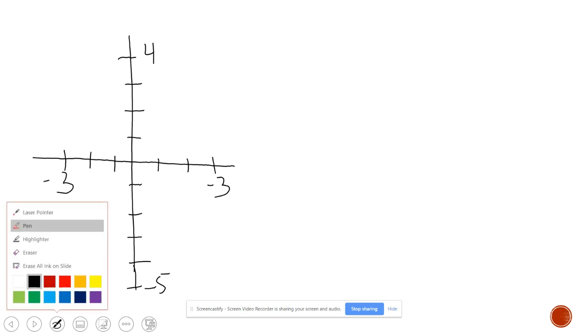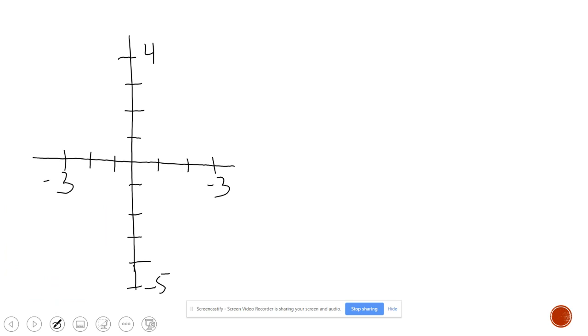And so the last table that we made had -2, -1, 1, 1/4. So it's going to be super close here to that x-axis. 0, 0, 1, -1/4, and then 2, -1.